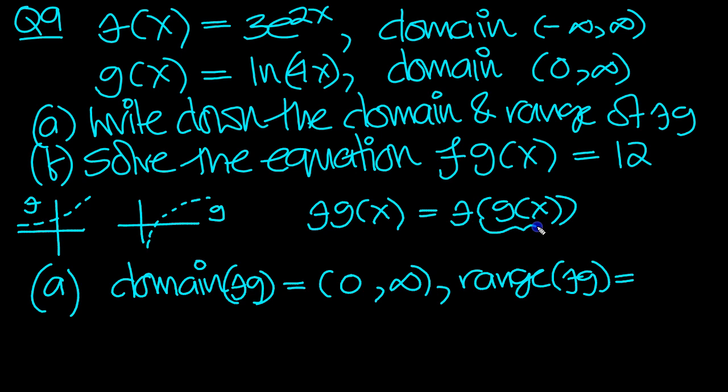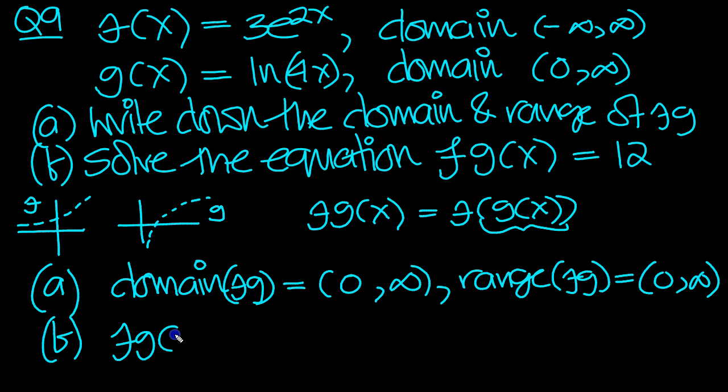The domain of f there is covered, so the range of f will come out from the composite function, and the range is 0 to infinity. So that's part A.